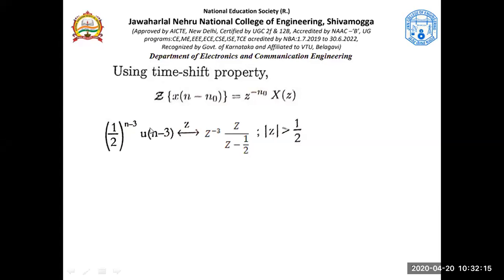But since half power n u of n is shifted by 3, there should be a factor z to the power of minus 3 associated with the z transform of half power n u of n. The ROC would remain the same.